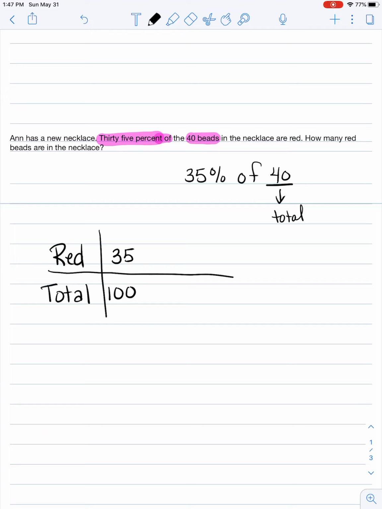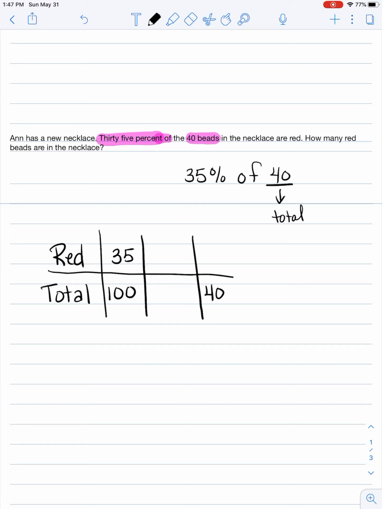So if I had 100 beads in the necklace, 35 of them would be red. Okay, but I don't. I have 40. All right, and again, I can't get from 100 to 40 in one step. Maybe I need 2 steps, maybe I need more, but I'm going to give myself some room to work.